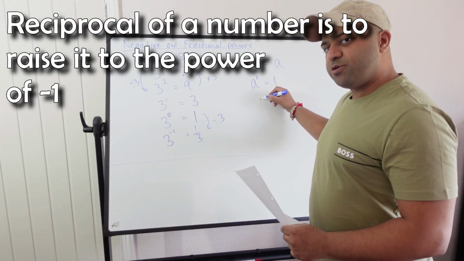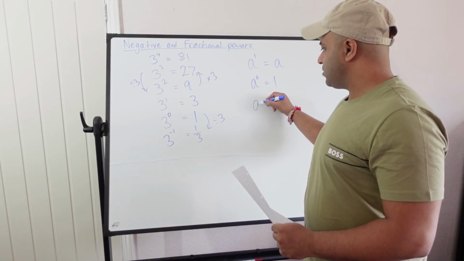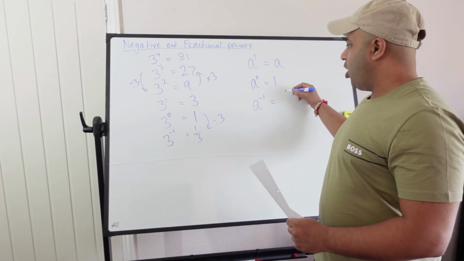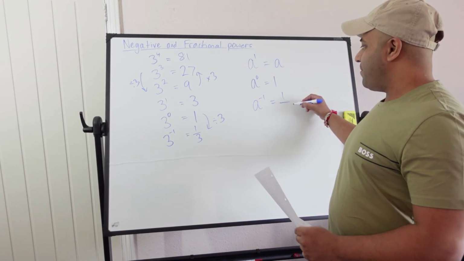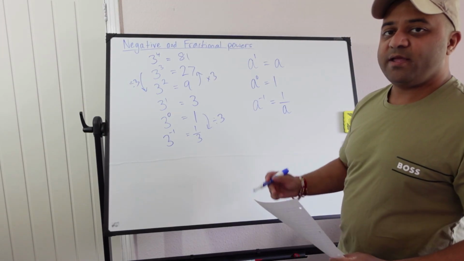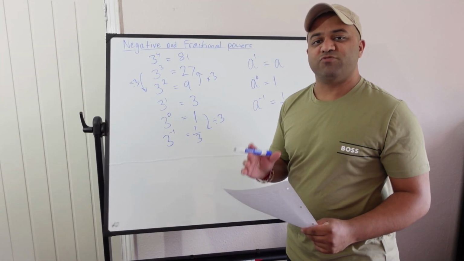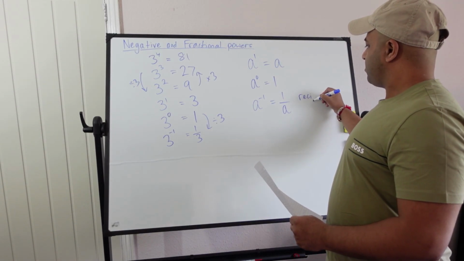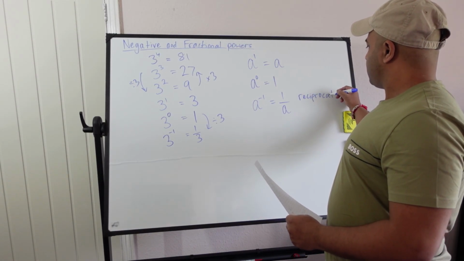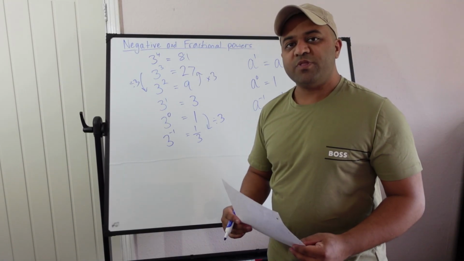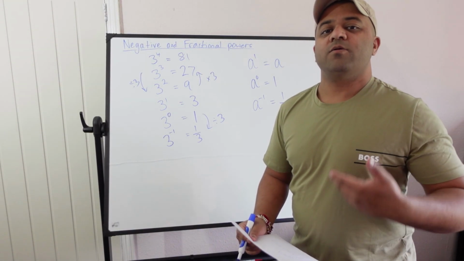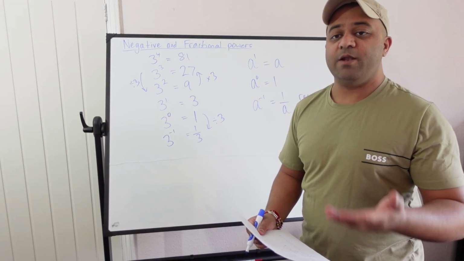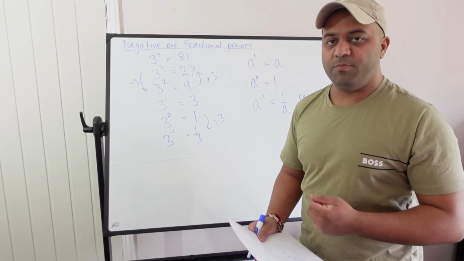So anything to the power of negative 1 is 1 over that base. And in particular, this is known as the reciprocal of the number. So, any number which has a reciprocal is then 1 over that number.